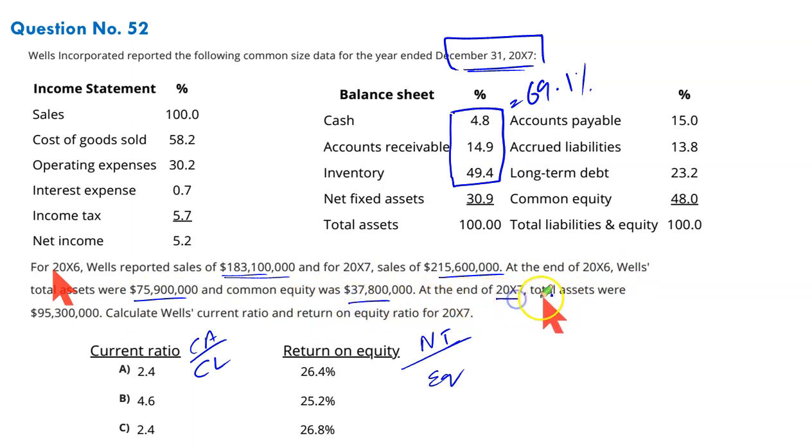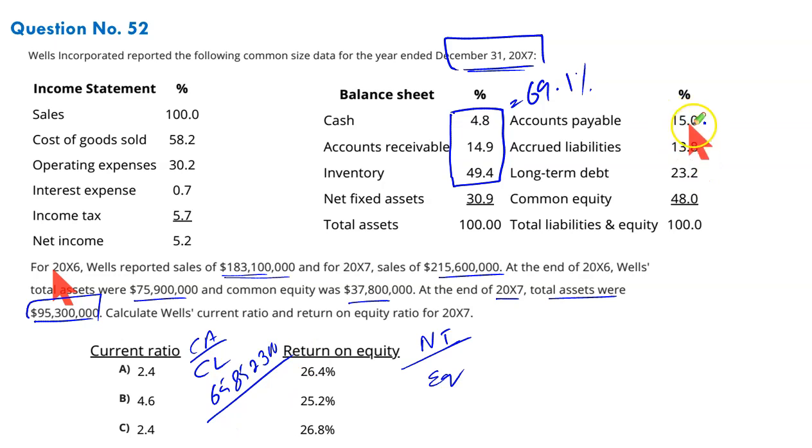At the end of year 2007, total assets were 95.3. That is what we're looking for, 95.3 million. These are your total assets at the end of year 2007. So your current assets would be 69.1% of this. 95,300 times 69.1% gives you 65,852,300.